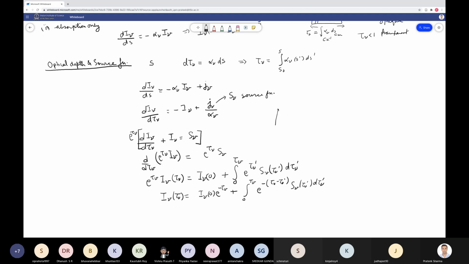So let me actually show an interpretation of this. You have some specific intensity I nu naught before the absorbing and emitting medium. This is a medium which is emitting and absorbing both, and in general, that's what happens: matter absorbs and it also emits. This tau nu is the optical depth of the full medium, and we are asking what is I nu at tau nu.